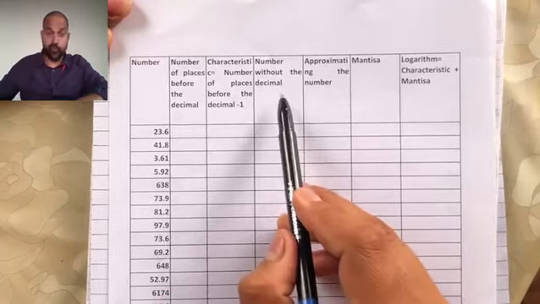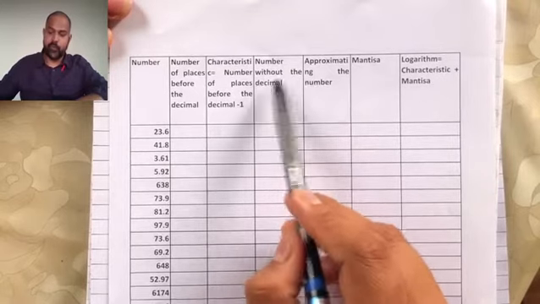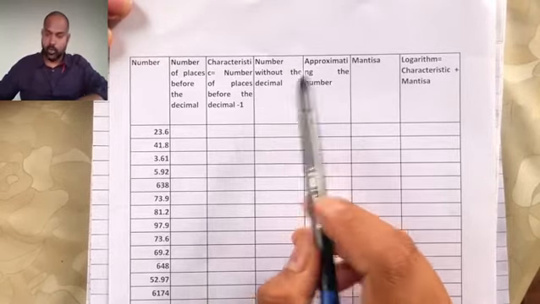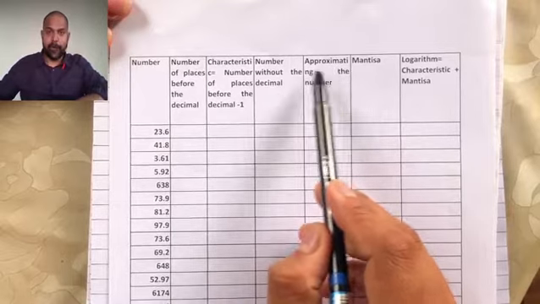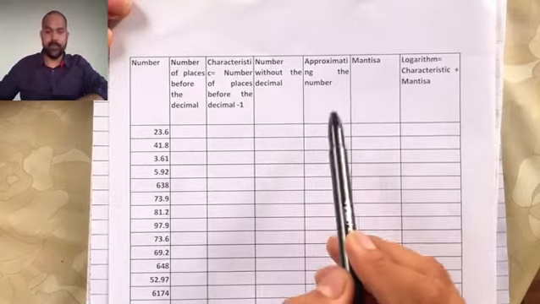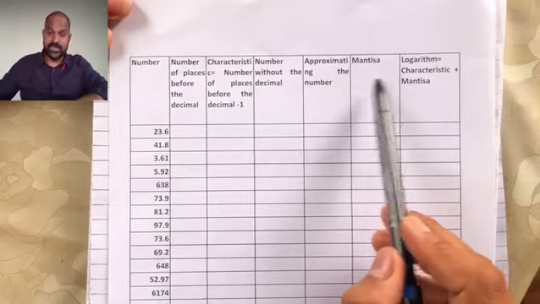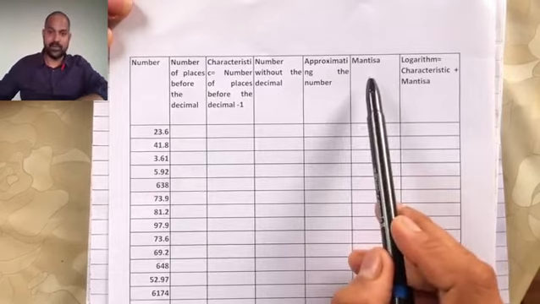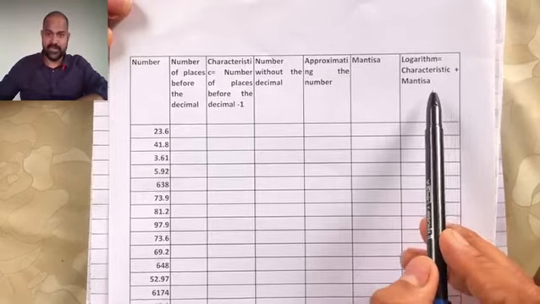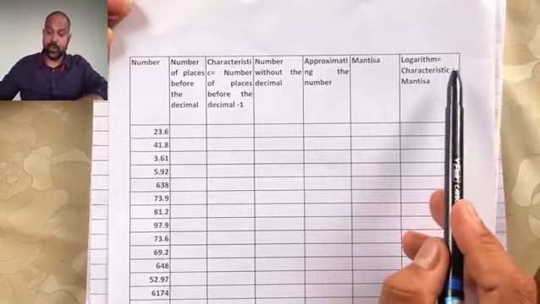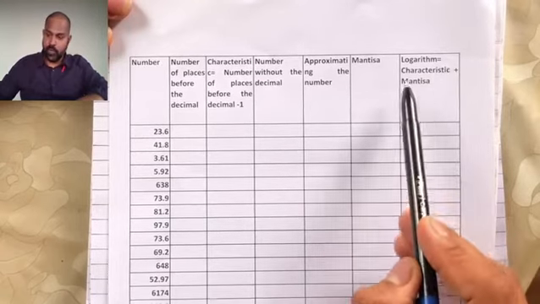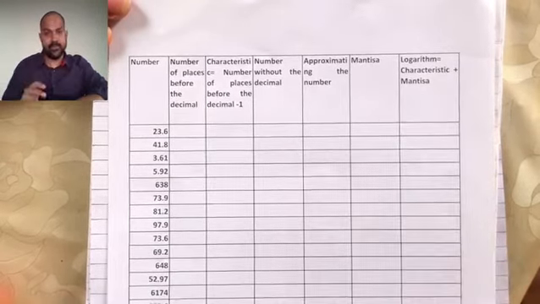Column number 4 says number without the decimal. Column number 5 says approximating the number. Column number 6 says mantissa, and column number 7 says logarithm is equal to characteristic plus mantissa.